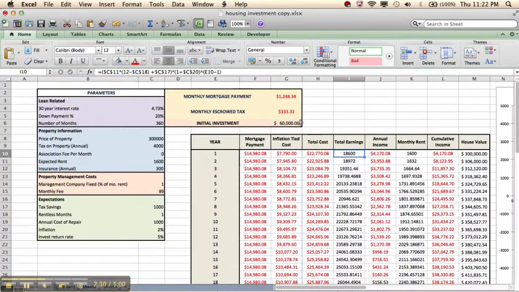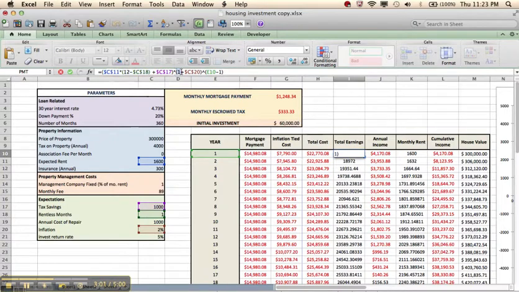Then we have total earnings, and total earning, if you look at it, is C17, which is nothing but your tax saving of 1,000. And then we have this part, which is C11, your expected rent, multiplied by 12 minus the number of months you think you won't have rent. And this whole thing, we are also adjusting for inflation because you will charge different rent based on which year you're in.